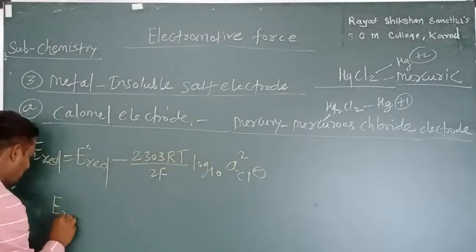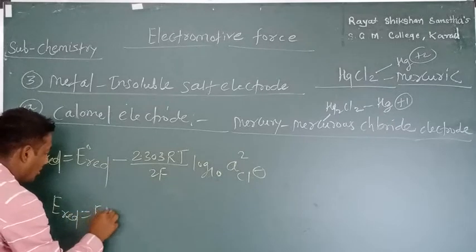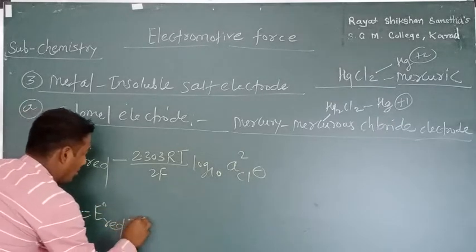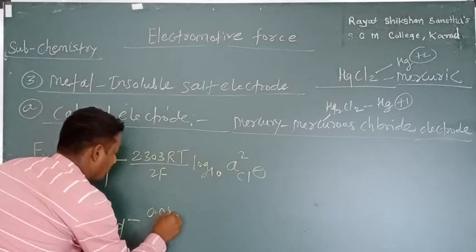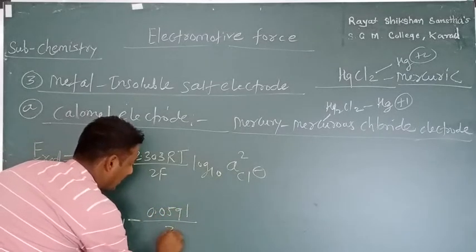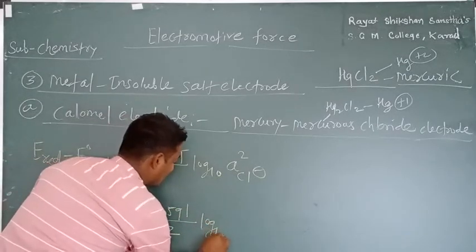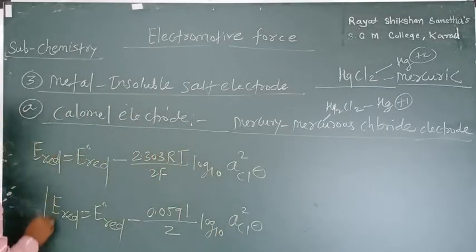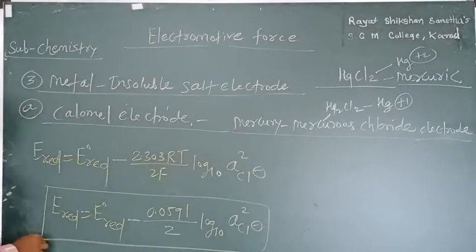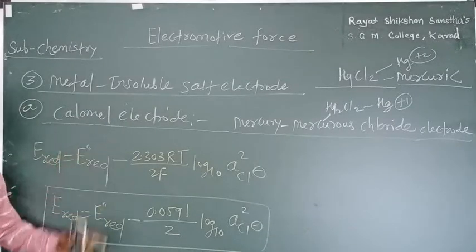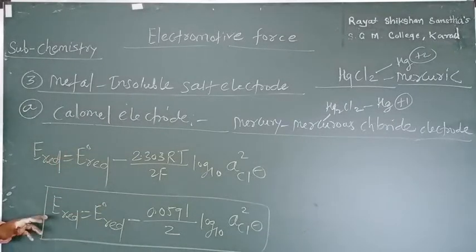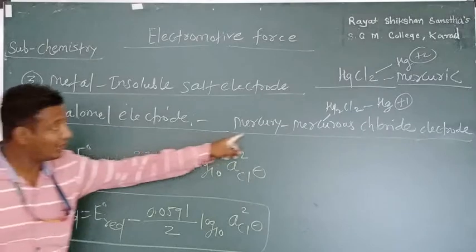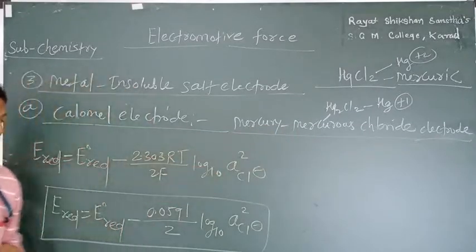After that, we can write 0.0591 divided by 2 log to the base 10 of the activity of Cl minus. This is the final equation of the calomel electrode. By using the Nernst equation, we determine the electrode potential of calomel. It is also called the mercury mercurous chloride electrode.